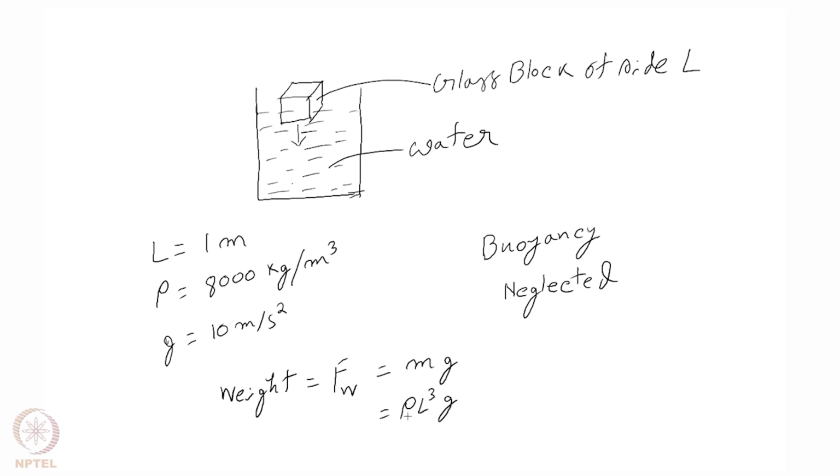So mass is density into volume into g, and if you put all the values, then you get about 80,000 Newton. So the weight is 80,000 Newton.